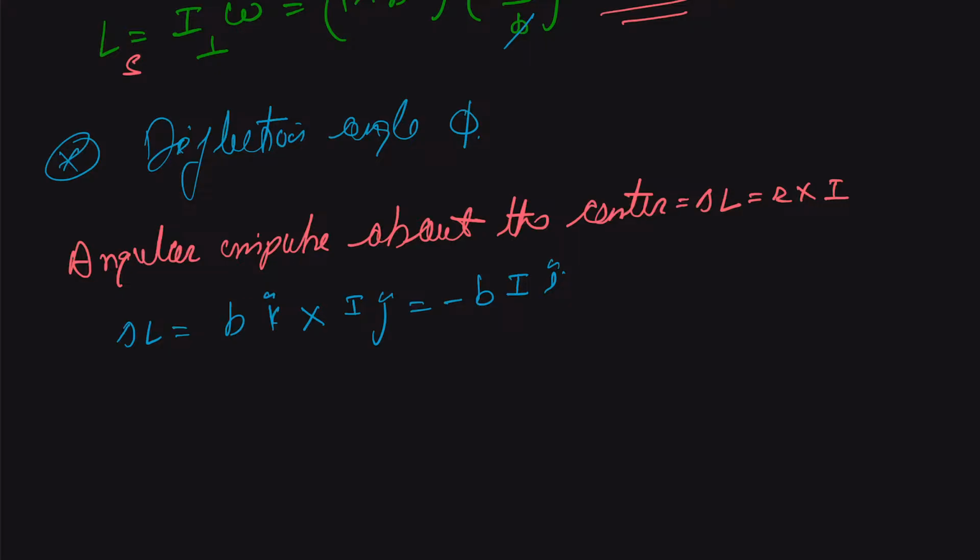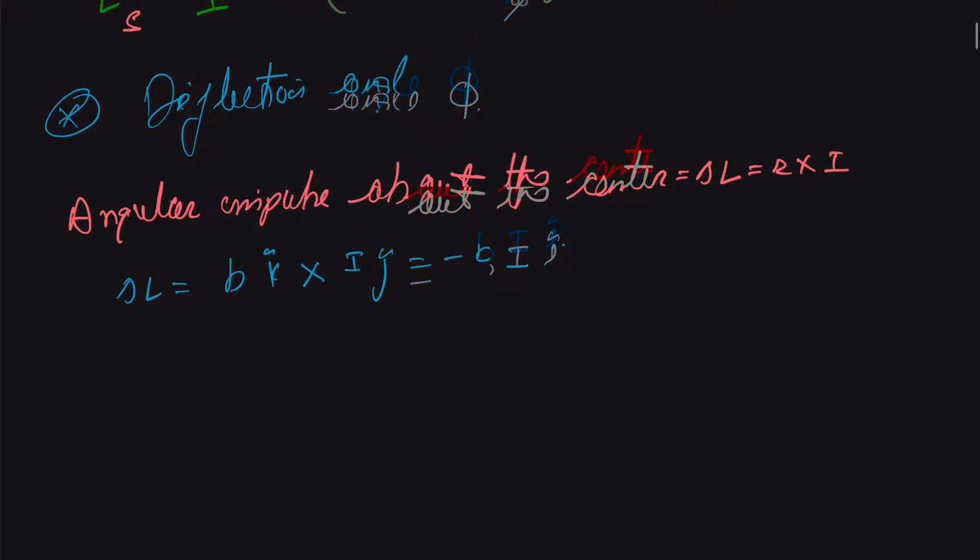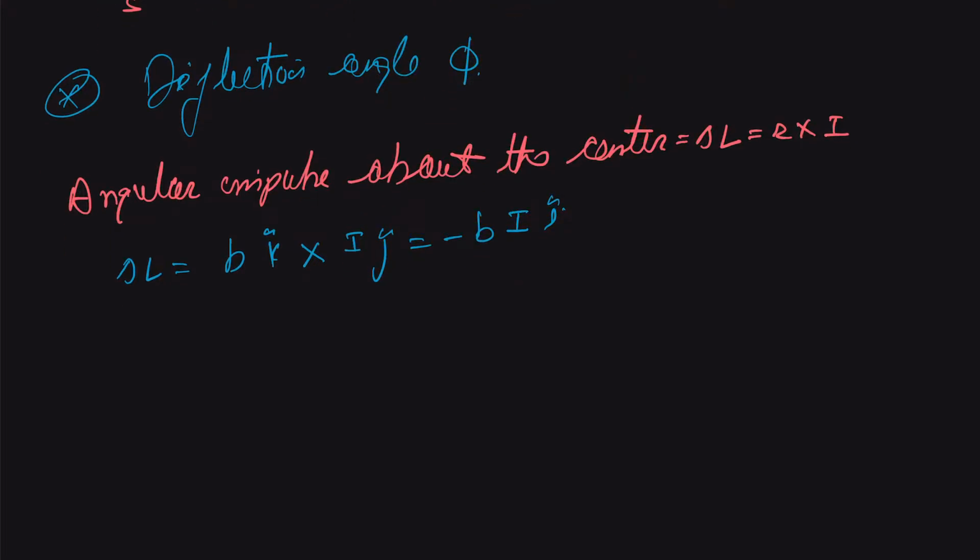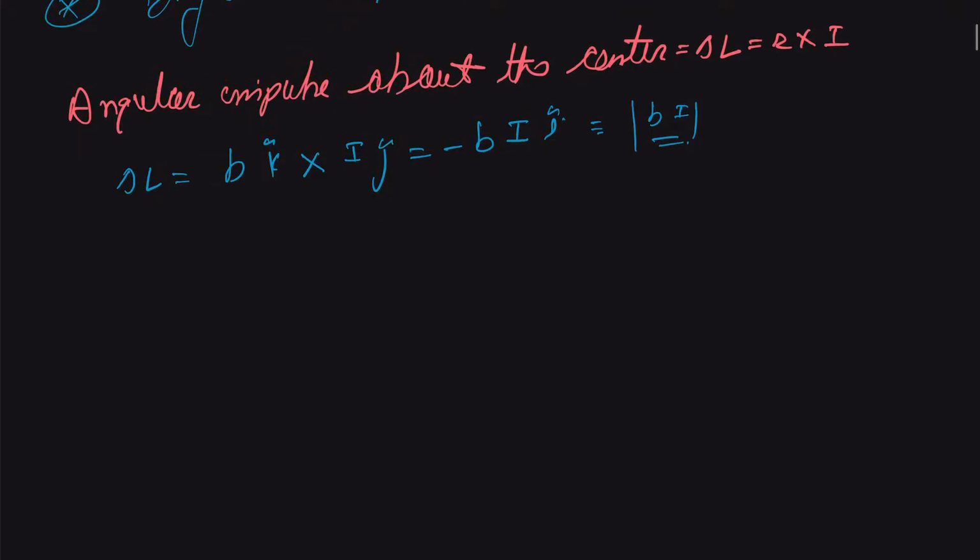Okay. So this will be our x component, and we are interested in magnitude, so we can simply write it as B of I. And after the impulse is applied, we can also find out the total angular momentum.